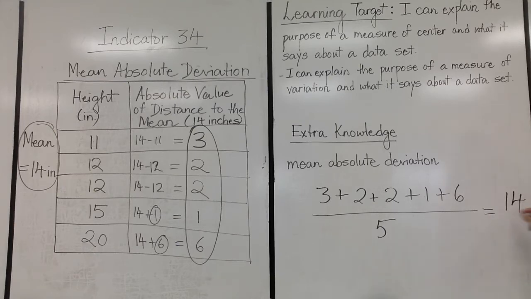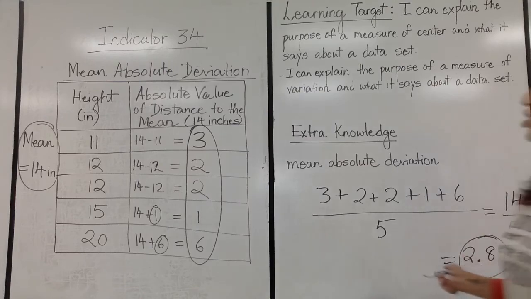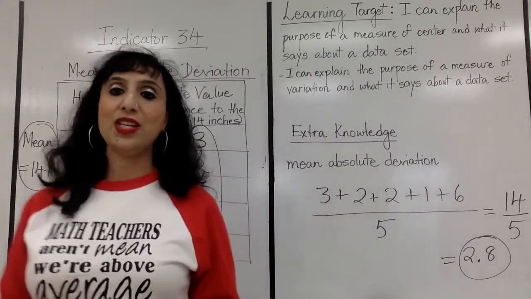Then I divide 14 by 5. 2 times 5 is 10, I have a remainder of 4, and I get 8/10. So my mean absolute deviation is going to be 2 and 8/10.